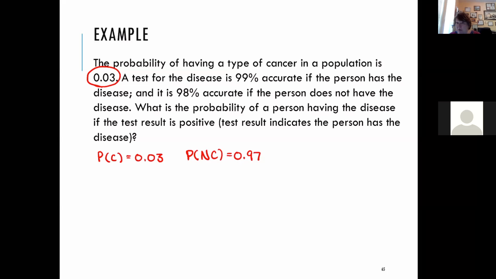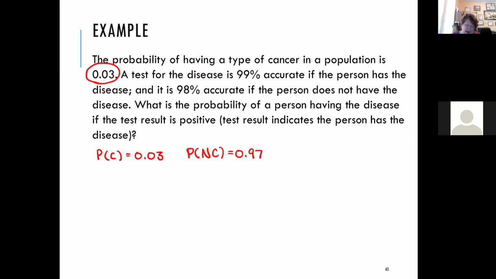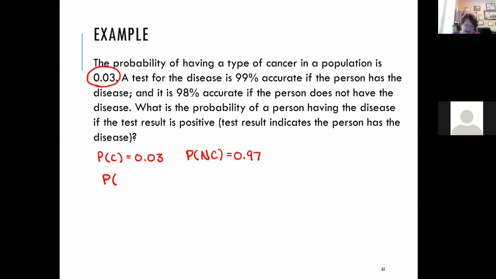And that's a good thing, right? It's good that it's actually detecting the cancer that I have. So the probability that it tests yes or positive, given that I have the cancer, is 99%. So it finds the cancer 99% of the time, and 1% of the time it won't.